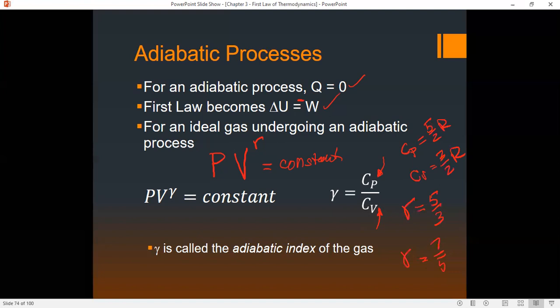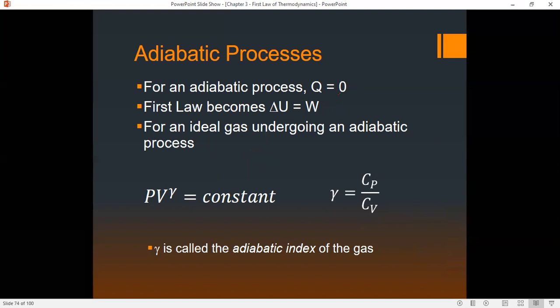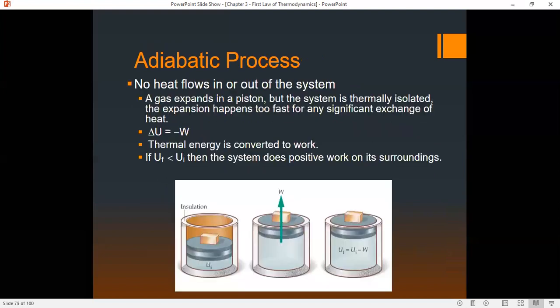And as long as P times V raised to the gamma power is constant, you're undergoing an adiabatic process. So again, no heat flows in or out of the system. Delta U is equal and opposite to W.